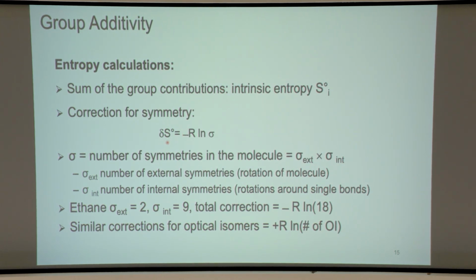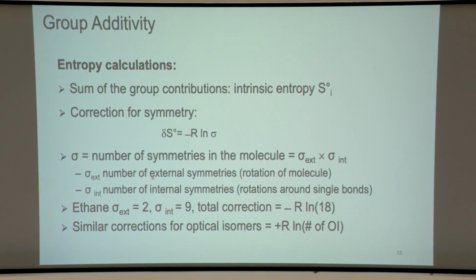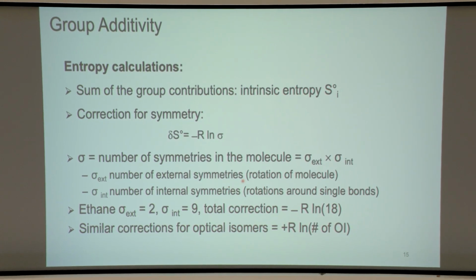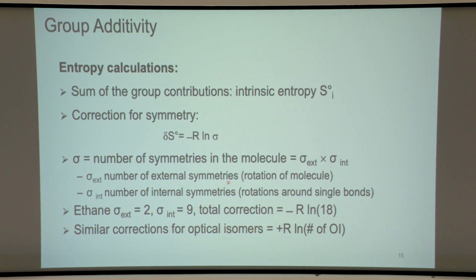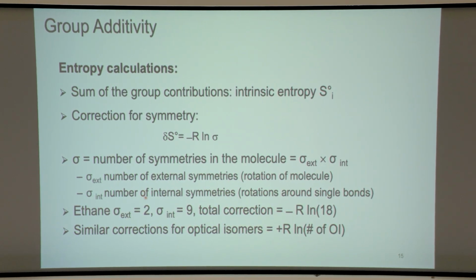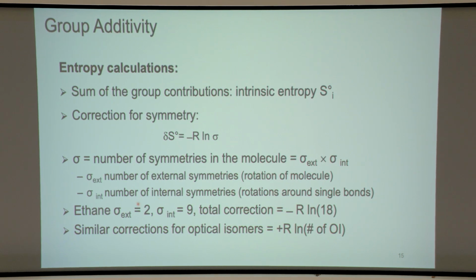The change in entropy is a function of minus R ln the symmetry number of the molecule. The symmetry number is a product of the external symmetry and the internal symmetry. External symmetry is due to the number of external rotations that are possible. Internal symmetry is the number of internal rotations around bonds. So if we look at ethane, ethane is a symmetric molecule.